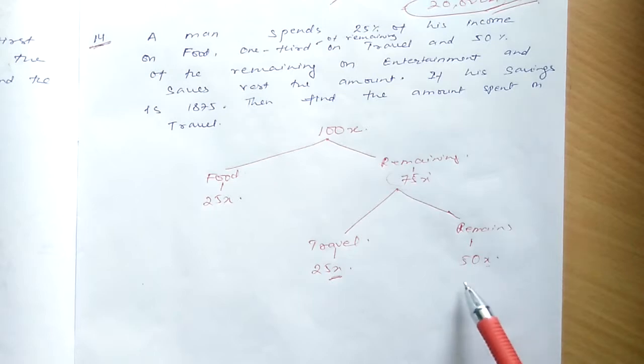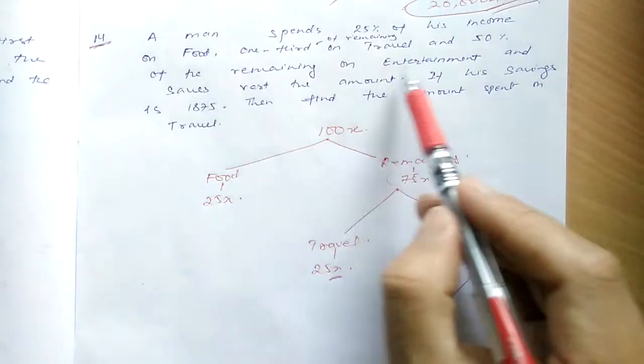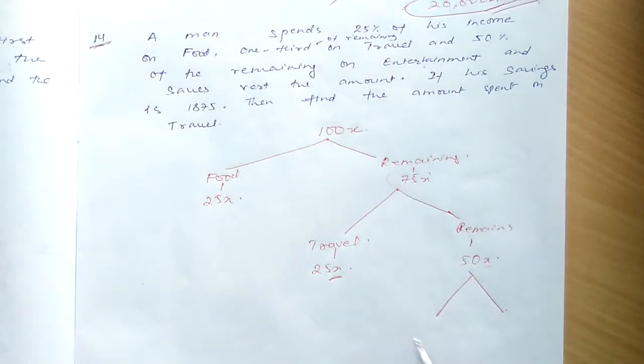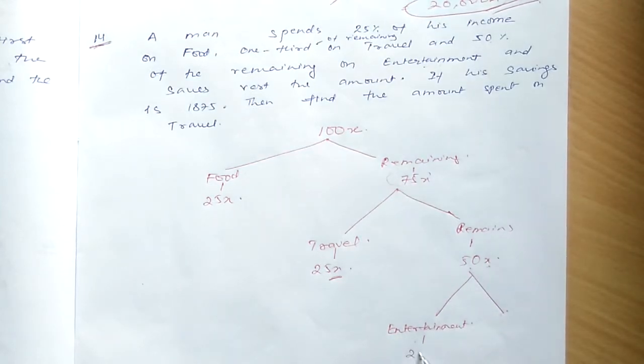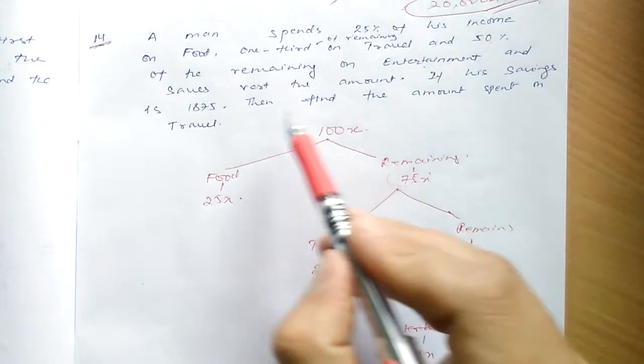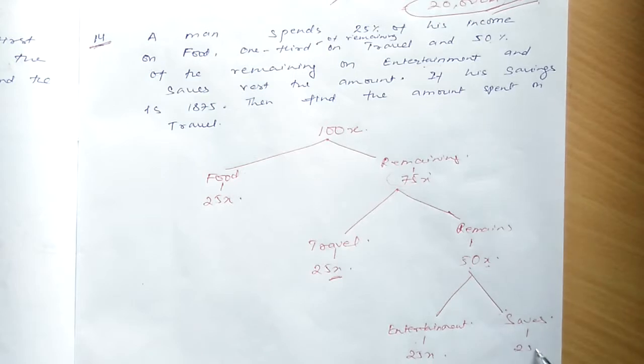Again, from this remaining they have utilized 50% on entertainment. So 50% of 50x will be 25x, and saves the rest of the amount. So he saves 25x.